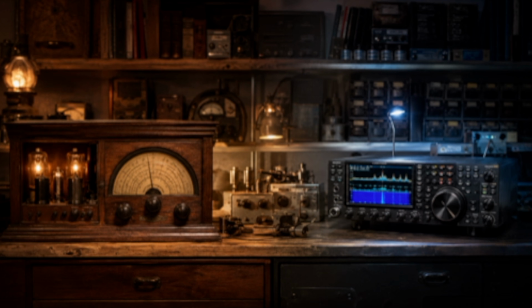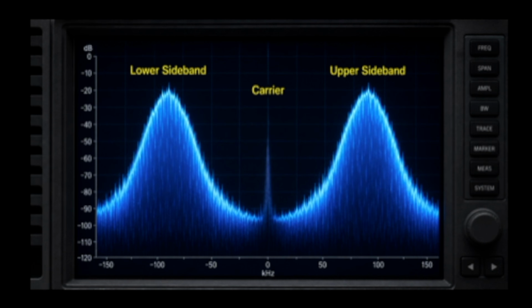But electronics didn't stand still. As radio technology improved, engineers developed receivers capable of doing something that had once been impossible. They no longer needed the transmitter to send a carrier. The receiver simply recreated the missing carrier internally.